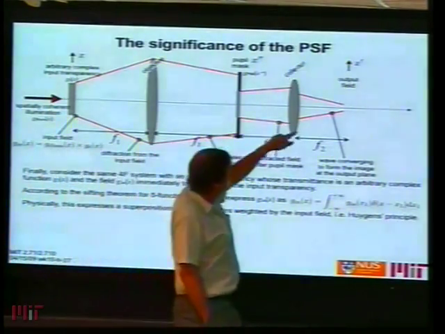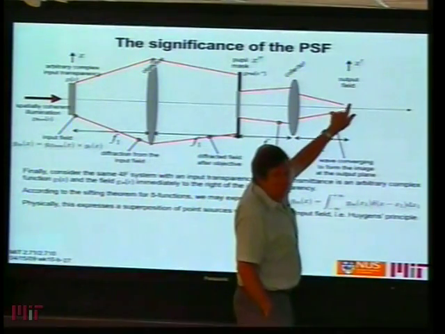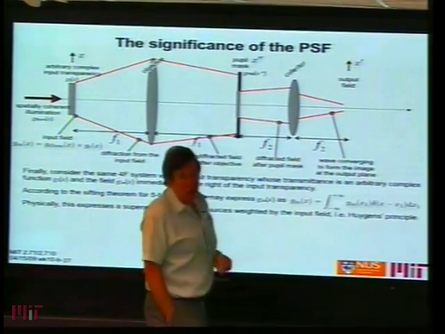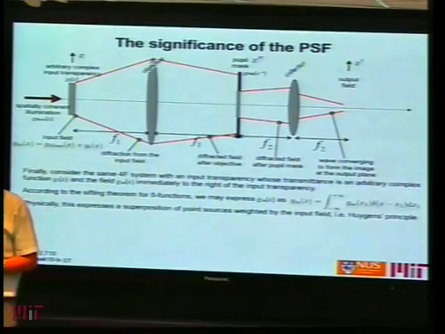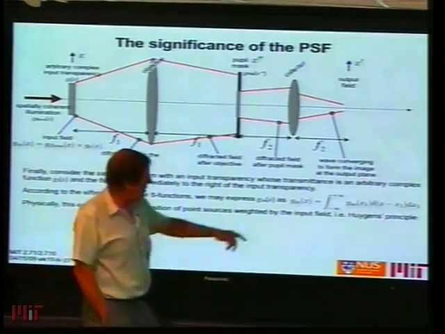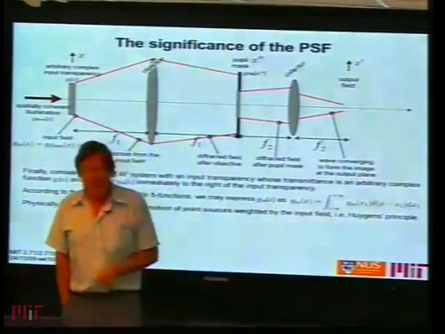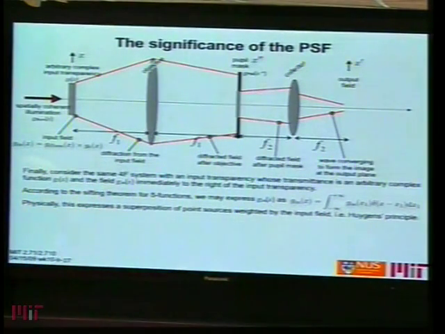So you integrate over those point spread functions with the relative strengths that you need from here, and you'll get the final image. You can see that this is a bit like Huygens' principle, that you're breaking up this wavefront into lots of components that are all represented as delta functions.